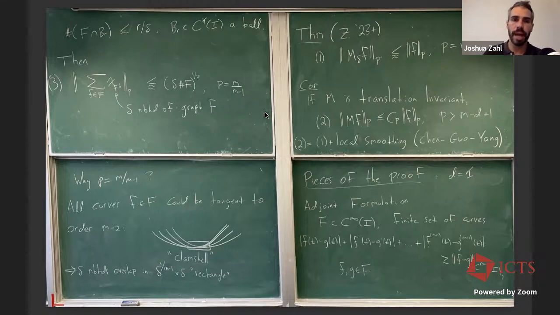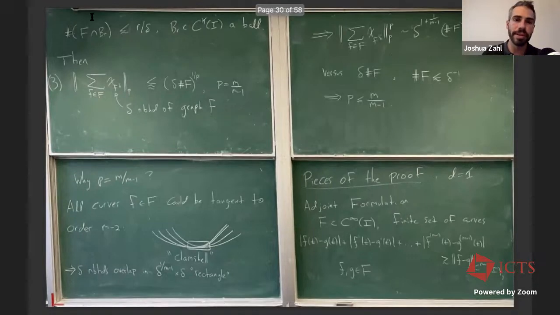So if that were to happen, then this item in equation 3, the LP norm of the sum of the thickened characteristic functions of these curves, well, probably most of the contribution from the LP norm is going to come from where all these curves overlap with each other. At least that's a possibility we have to think about.